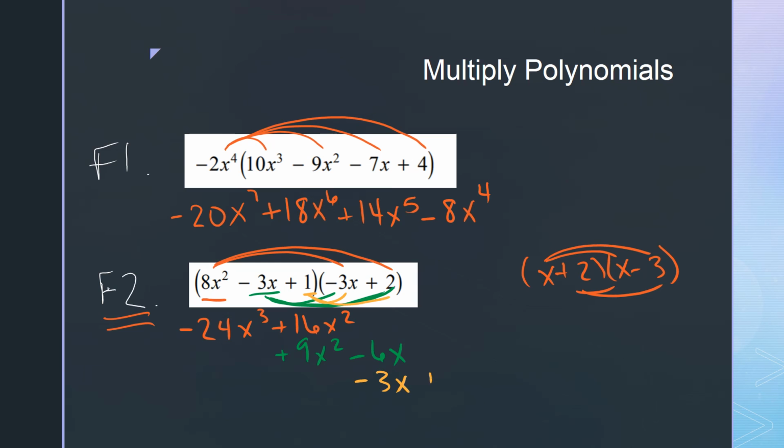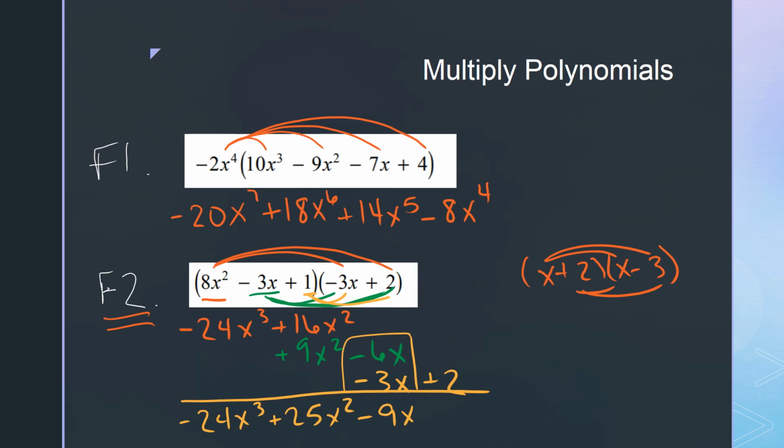And then positive 2 here. So now all I have to do is add straight down. So this would be negative 24x to the 3rd plus 25x squared. This would be negative 9x and then plus 2. All right, so you've seen a little bit of everything, and now just get the assignment to practice.